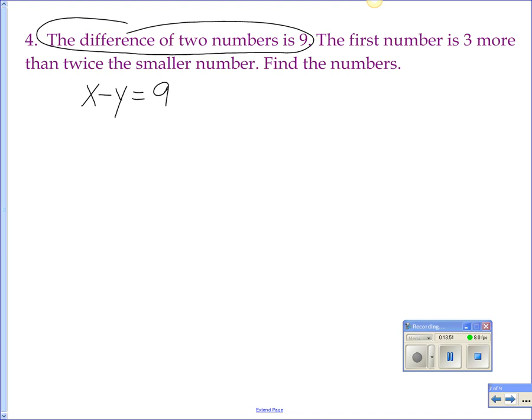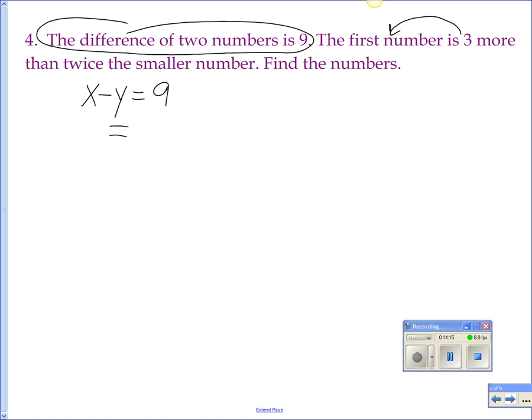All right, guys, up here for the second sentence. Look up here, please. I need eyes. It says the first number is. What does is mean? There's going to be an equals. But before the equals, what am I going to put for the first number? Do I know what the first number is?